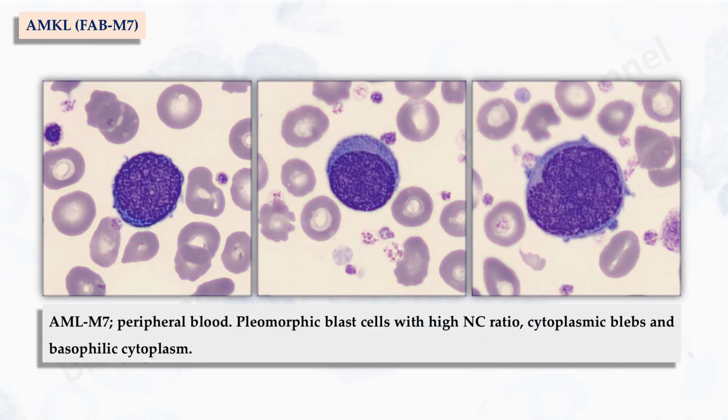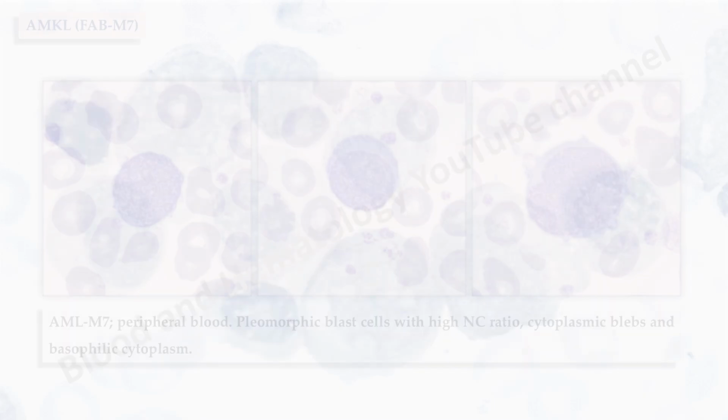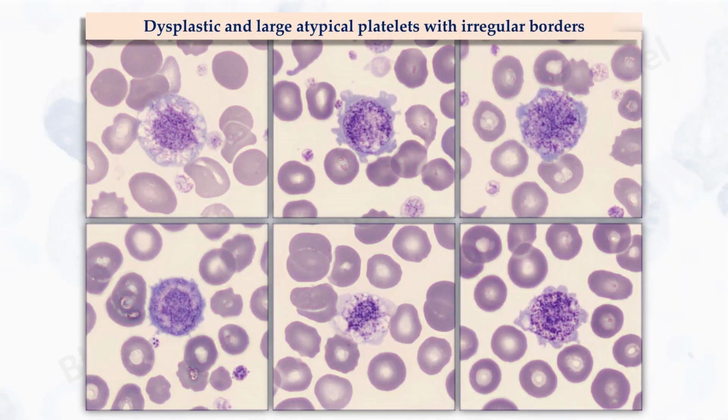Pleomorphic blast cells with high NC ratio, cytoplasmic blebs and basophilic cytoplasm in peripheral blood of a patient with AML-M7. Dysplastic and large atypical platelets with irregular borders in peripheral blood of a patient with AML-M7.